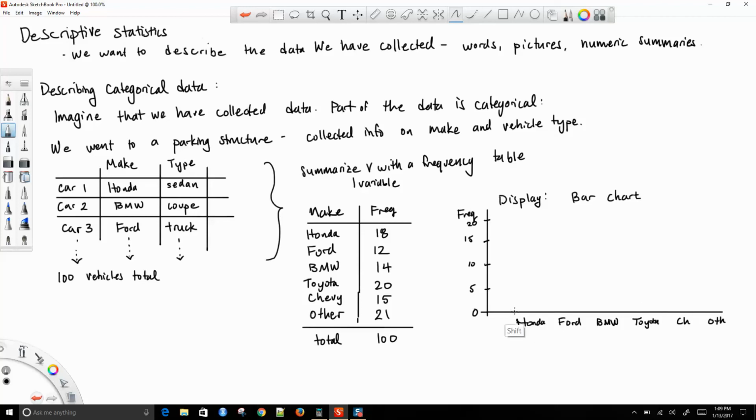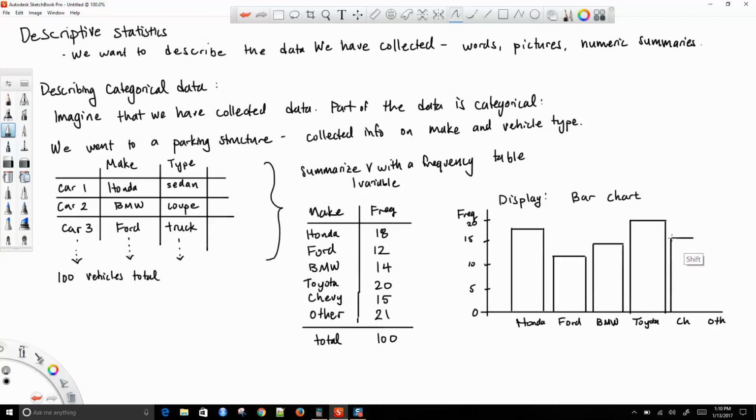So Honda gets a bar that goes up to 18. Something like this.